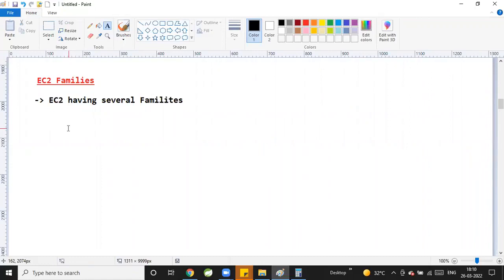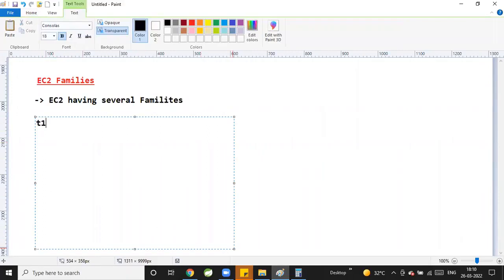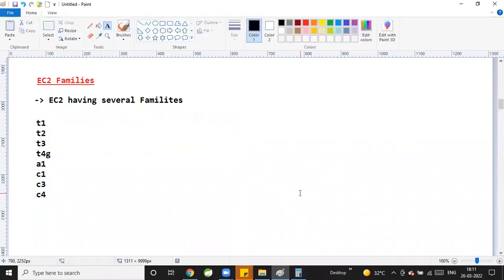T1, T2, T3, T3A, T4G, A1, C1, C3, C4. These are the instance families. These are the EC2 families.